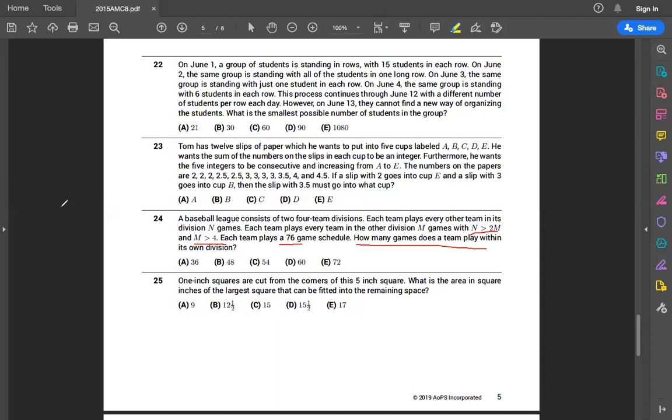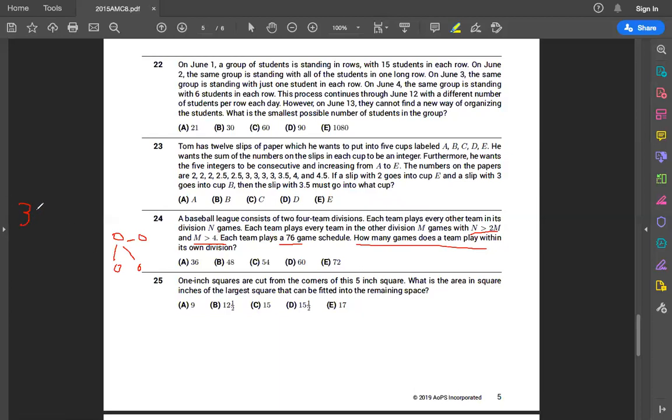So we'll start by considering how many times a team would play within its own division. So we have 4 teams in division. Well, any one team would play 3 games at a time within their division. Like if they play every other team in their division 5 times, that would be 15 games, right?